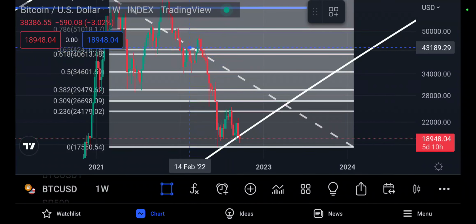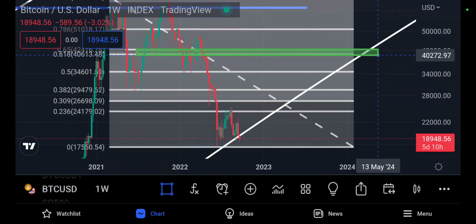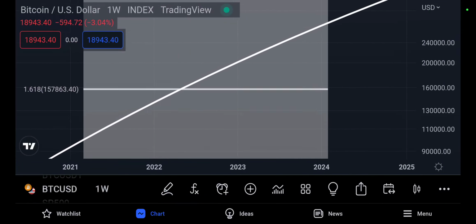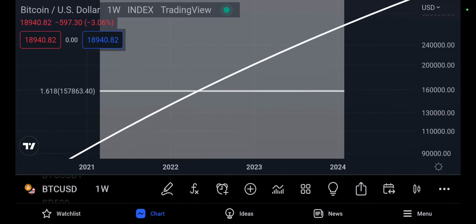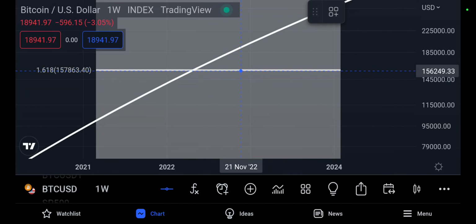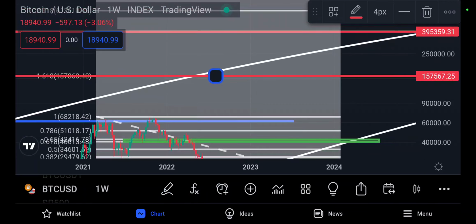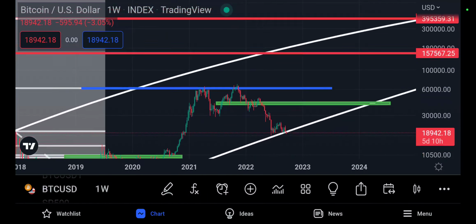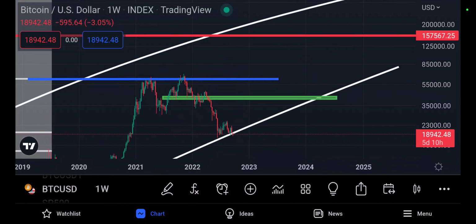It's sitting at $40,600. And this next 1.618 Fibonacci is sitting at 157,863. So I'm going to mark those two. And I'm going to delete everything. And these are the next targets that I see for the markets.